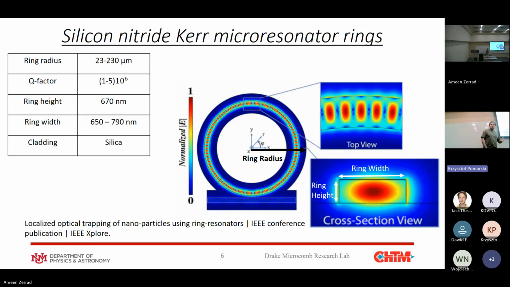I know quality factor is a bit of a jargony term, but it'll matter later in the talk, and I'll describe it better later. But just take it with a grain of salt. You have your ring height, which is 670 nanometers for the devices I'll be talking about in this talk. Ring width is anywhere between 650 and 790 nanometers. And we have them cladded in silicon. You can mess around with cladding to get better optical confinement, but we chose silicon cladding here.